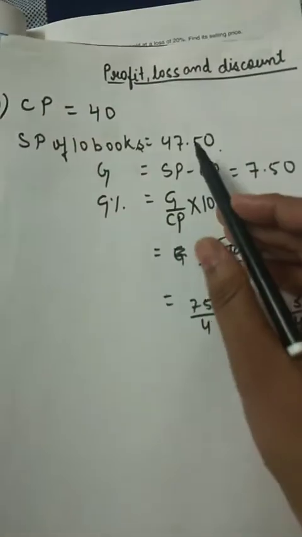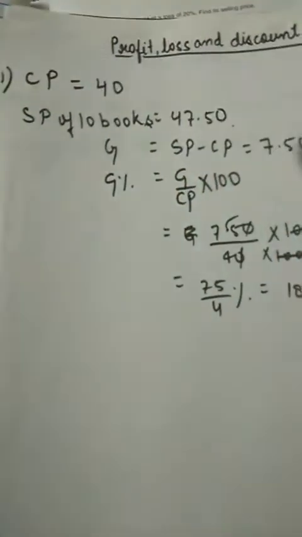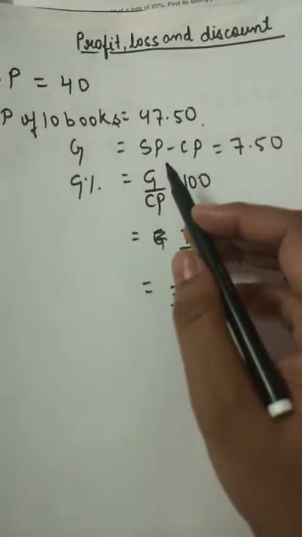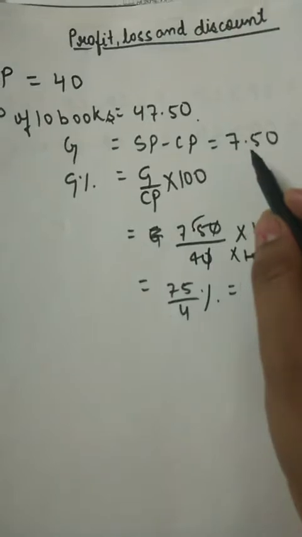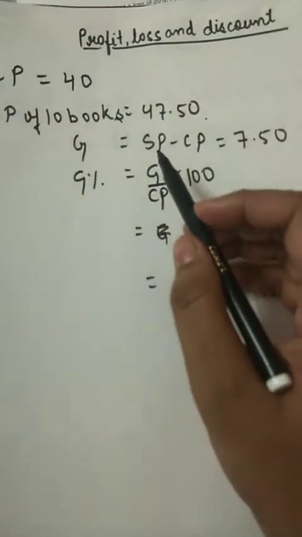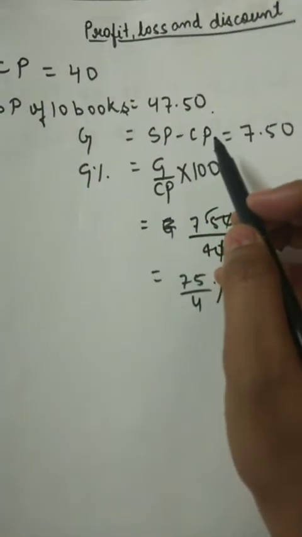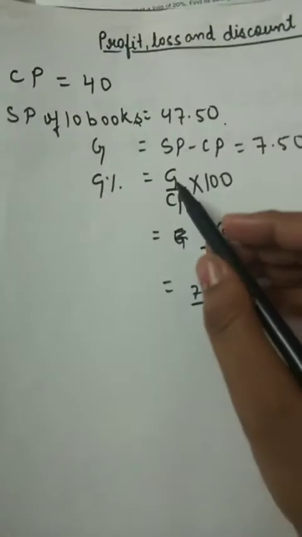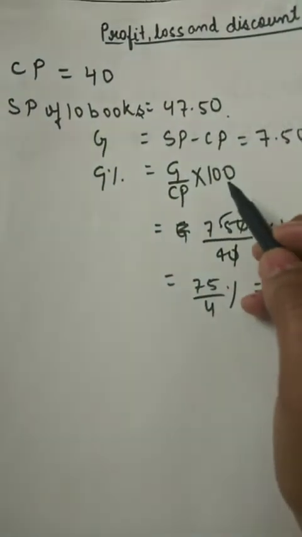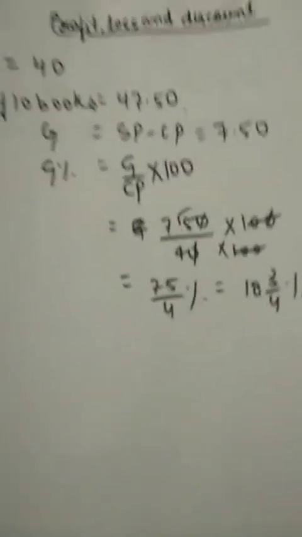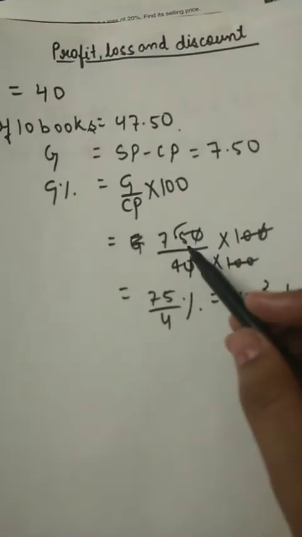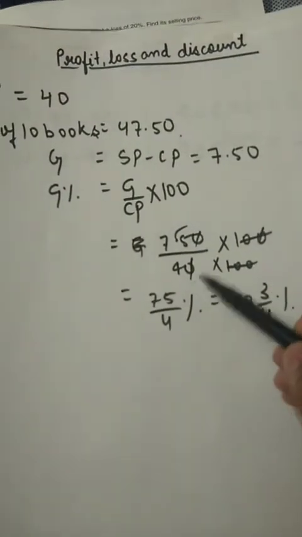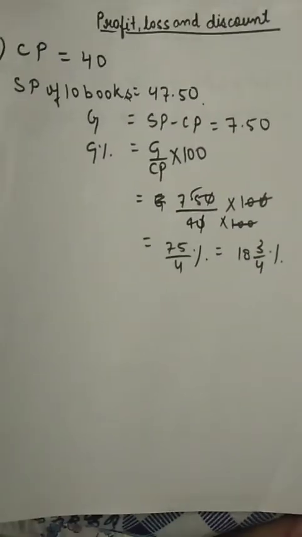Here you can see selling price is more than cost price, so Megha is going to gain 7.50 rupees after subtracting selling price minus cost price. Now gain percent will be gain upon CP into 100. We have already studied this. We'll put the values here and solve it.